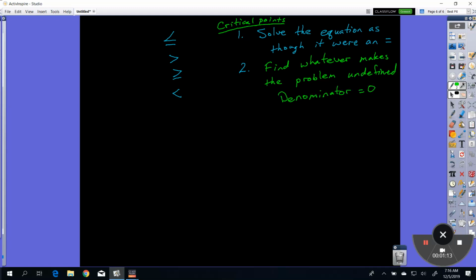So what we do with those critical points after that is we create a chart. So we're going to have our number line, and these will be our critical points. When we create our number line, it's broken into sections, and those sections are all from our critical points.